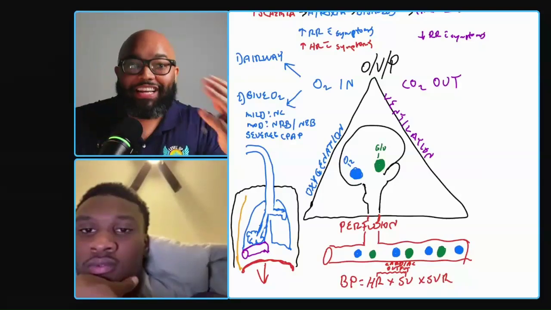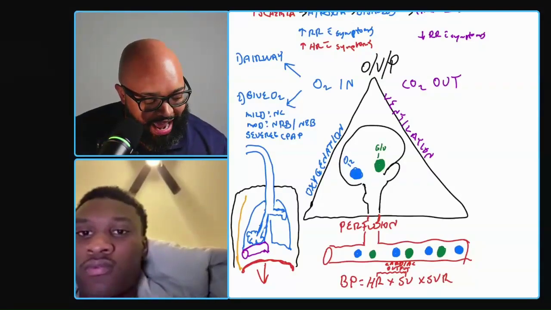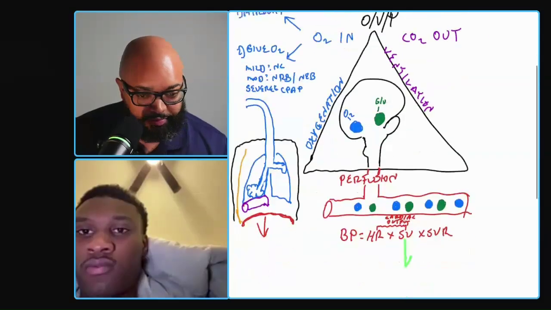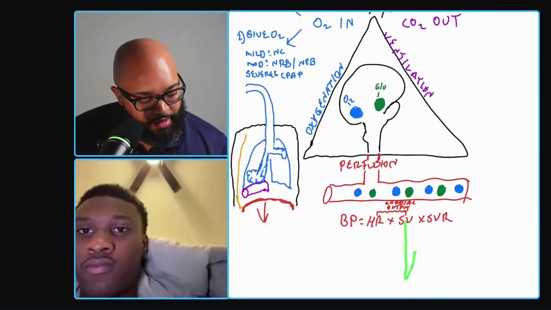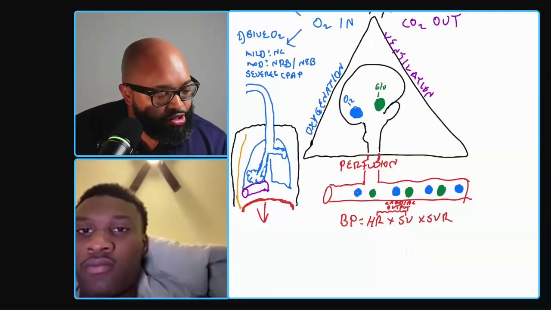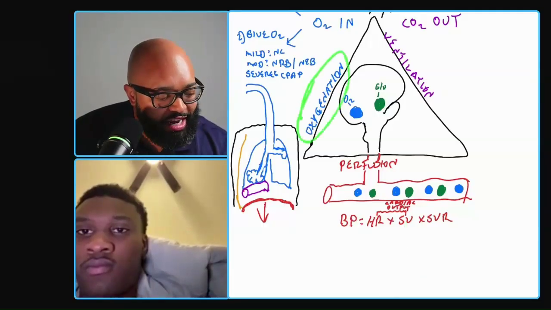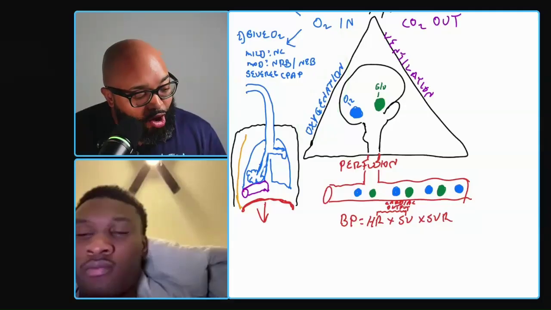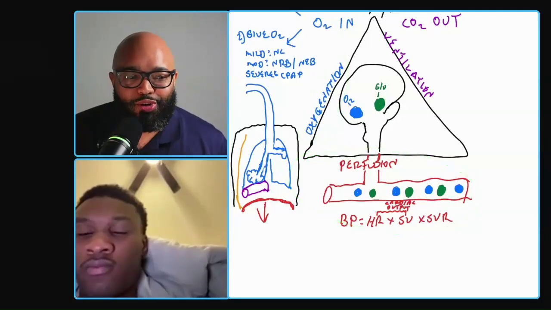So it's pumping, but it doesn't have enough blood. So what's going to happen to my stroke volume? My stroke volume is going to go way down. So what started off as an oxygenation problem is ultimately also going to result in a perfusion problem.